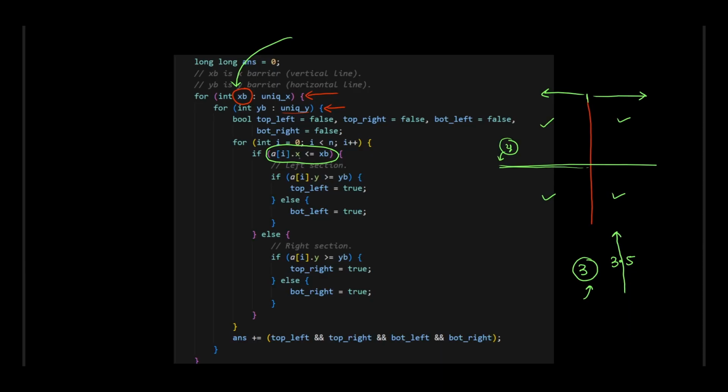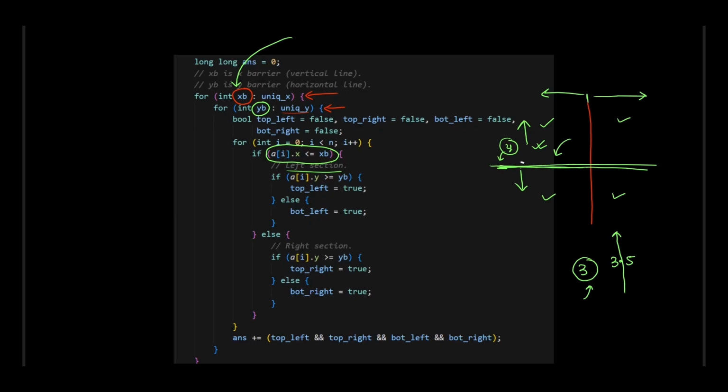So if the x value of the element is less than or equal to the barrier, then you know that the element lies in the left region. Now whether or not it lies in the top part or the bottom part is yet to be seen. But since you have also decided to place the horizontal barrier, if the point is on the left half, then you just check whether that point is below the horizontal barrier that you have just placed or after it.